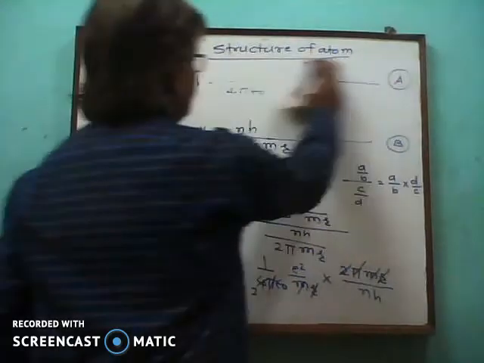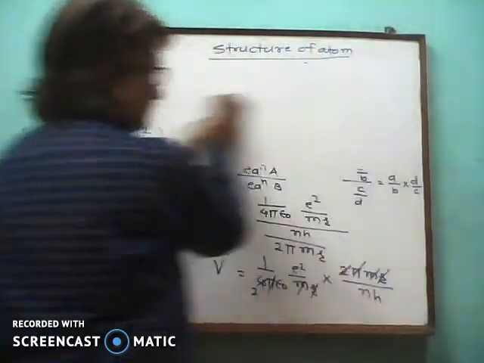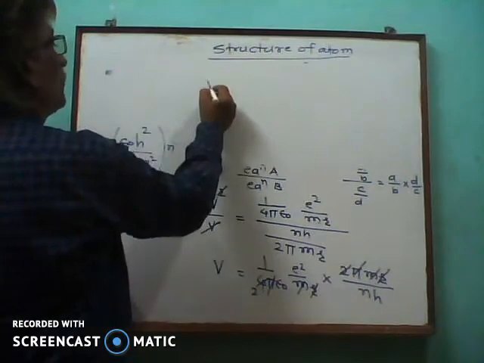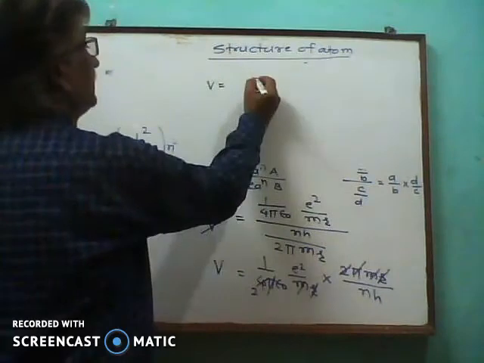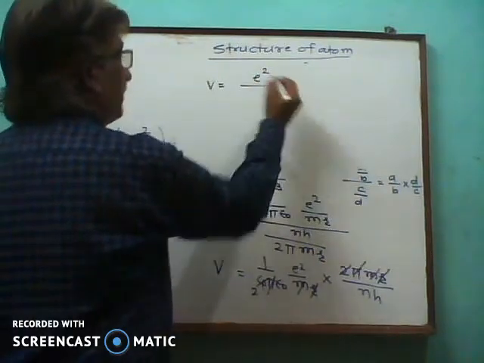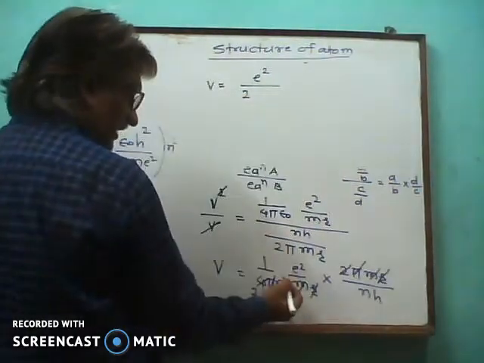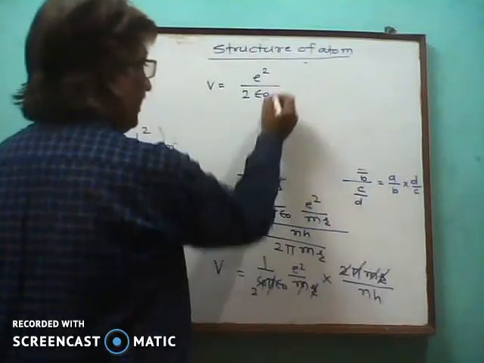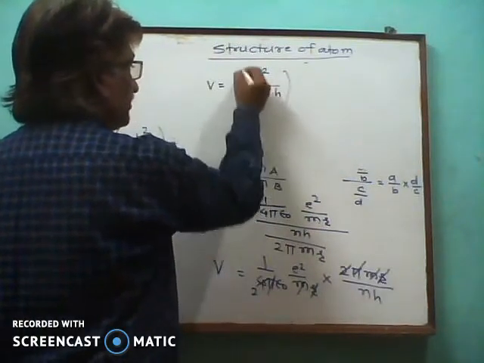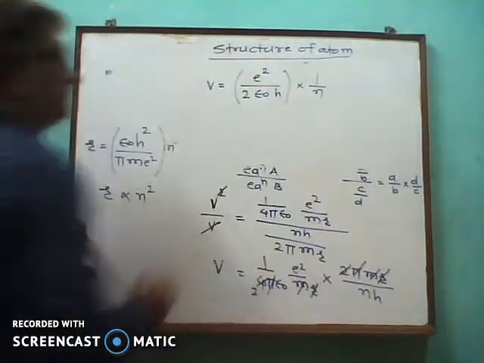See here, the remaining terms are: v equal to, in numerator only e square is there, divided by, in denominator, 2 epsilon 0 and h, in bracket, multiplied by 1 upon n.